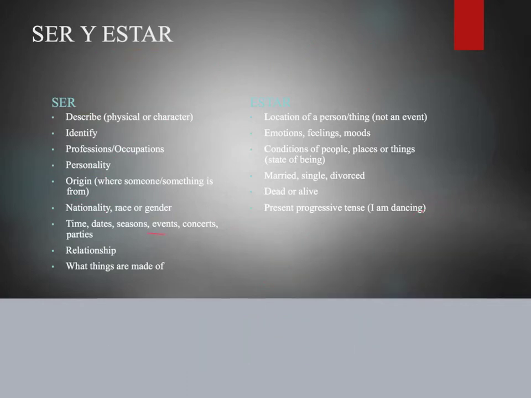I'm also going to use it when I'm talking about events or where something might take place. You can think about ser here as where is it in Spanish where you can use the word celebrar? ¿Dónde se celebra el evento? I ask you, ¿dónde se celebra el cumpleaños? Se puede decir, es en mi casa.